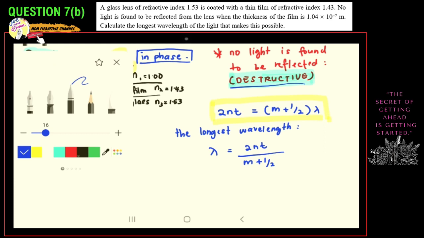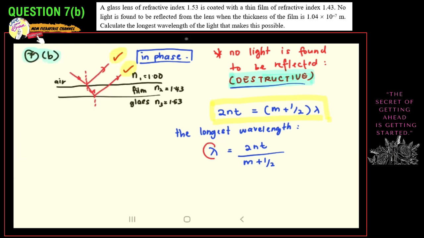Okay, so in order to get the longest wavelength, lambda ni kita nak dapat paling maksimum, the value of order m should be equal to 0. Sebab kita tahu kan, kalau bawah ini lebih kecil, means that lambda yang ini akan jadi lagi besar. Okay, so since we want to get the smallest value of this part, which is the bottom fraction, the number of order m should be equal to 0. Kita kena pilih the smallest number.